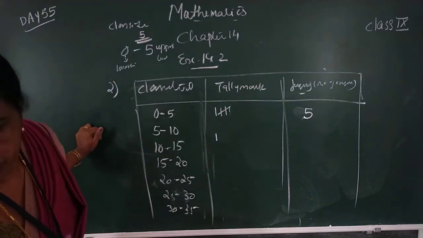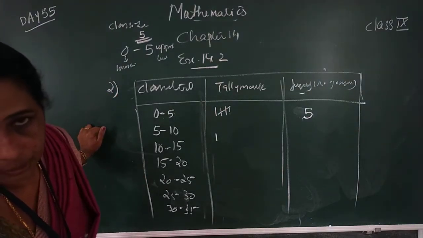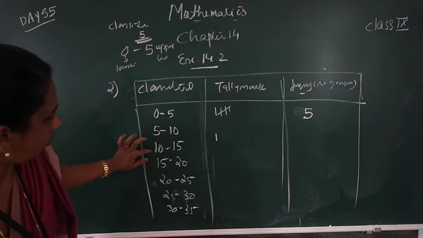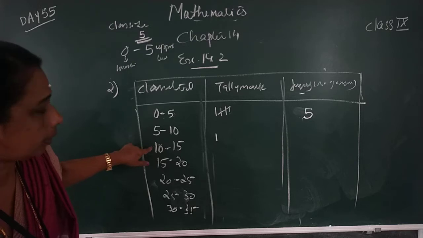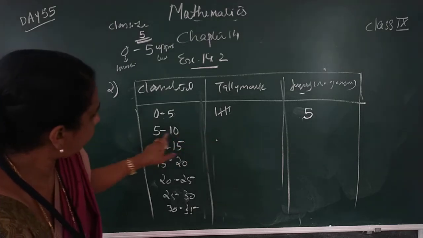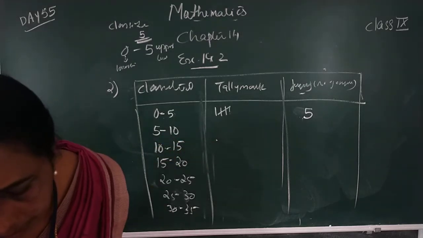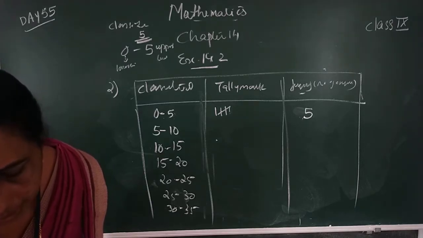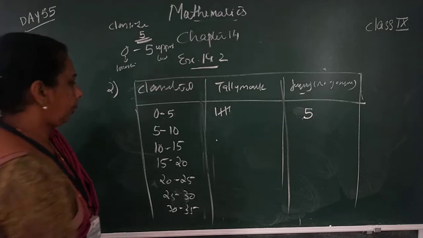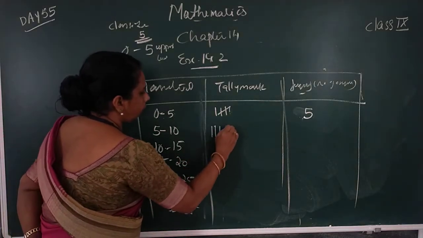How many? 5 to 10 means only up to 9. 10 we want to mark in the next class interval. Then 5 to 9, how many observations are there? 5, 6, 7, 8, 9, 10, 11. 1, 2, 3, 4, 5.